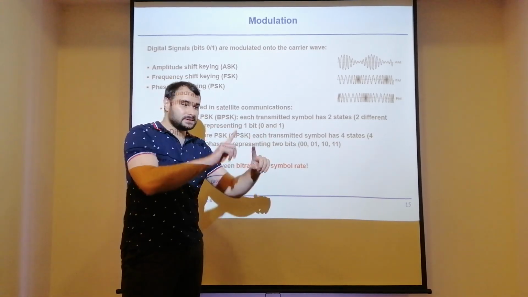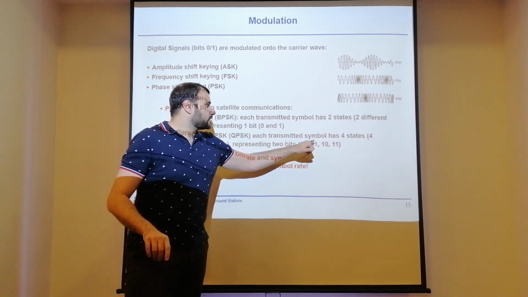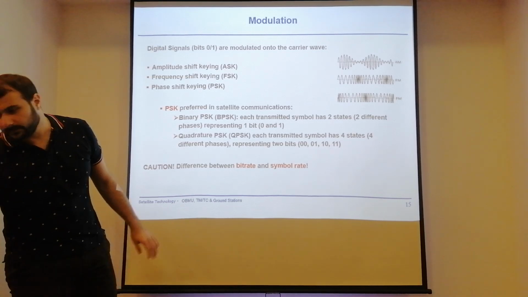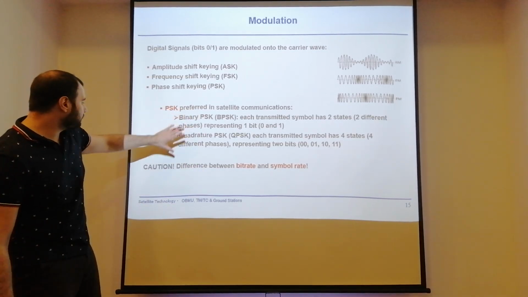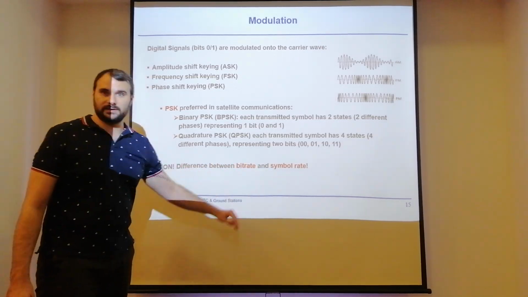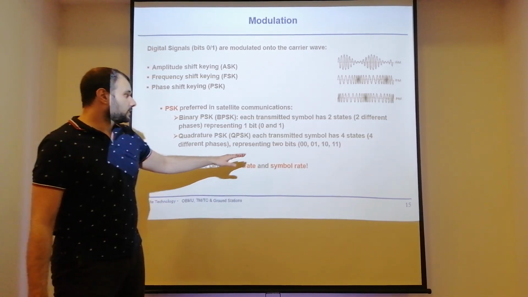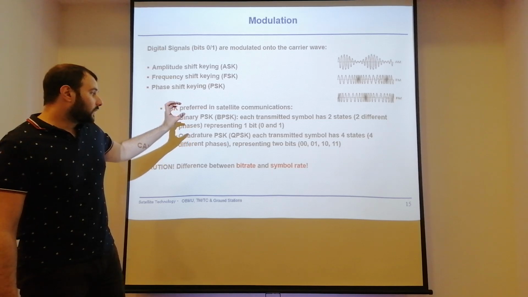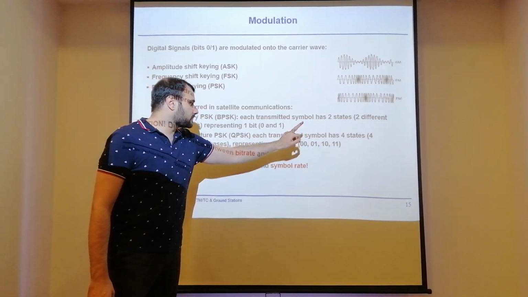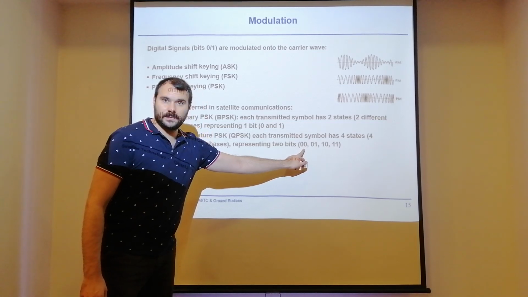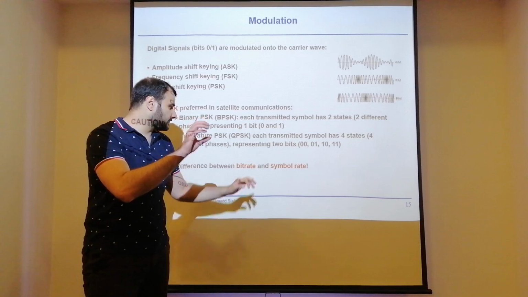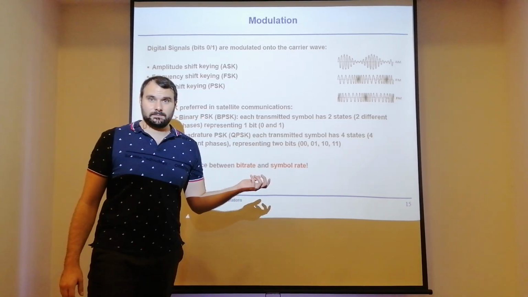So we have 4 sectors, and we choose which sector belongs to which sequence of bits. And that's why we have to be a little bit careful to understand the difference between the bit rate and the symbol rate. Although we have just 1 symbol, it actually represents 2 bits. So with the QPSK, our symbol rate is fixed, but the bit rate is actually twice the symbol rate.